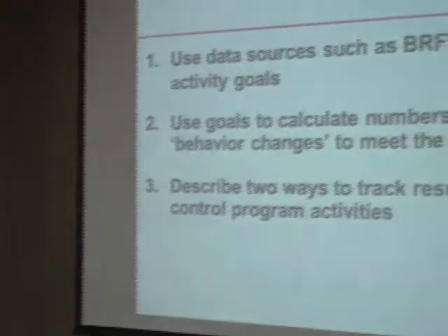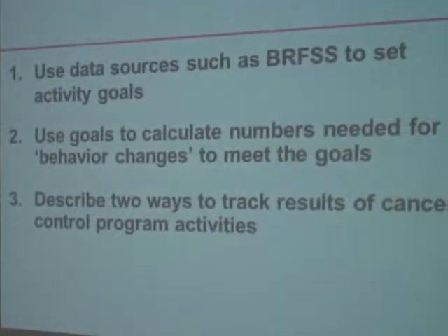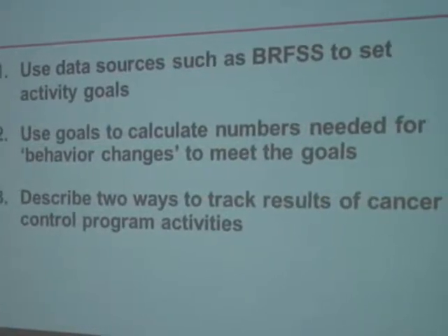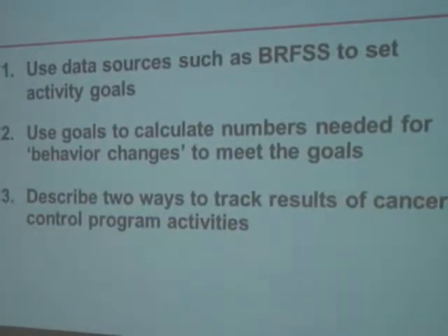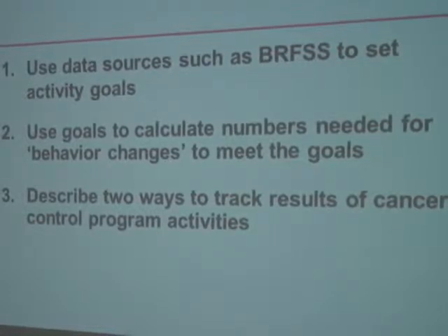We're going to look specifically at the behavioral risk factor survey to use as one way to set your own activity goals for your programs, and then use those goals to calculate numbers using demographic data about how many need to change for us to see a bump in a percentage or a trend line. And then you'll be able to describe two ways at least to track results of your activities.